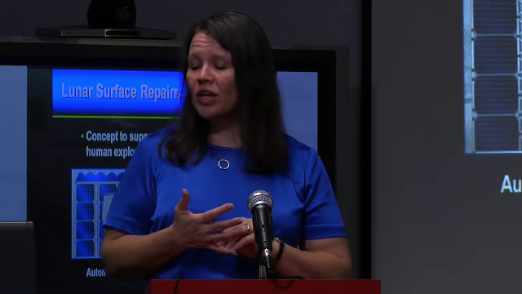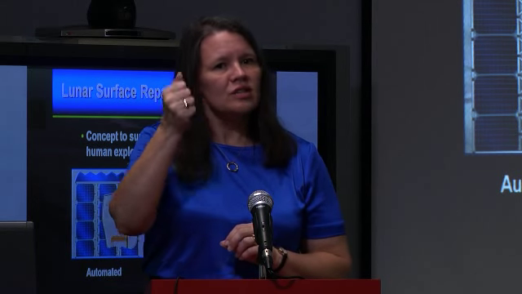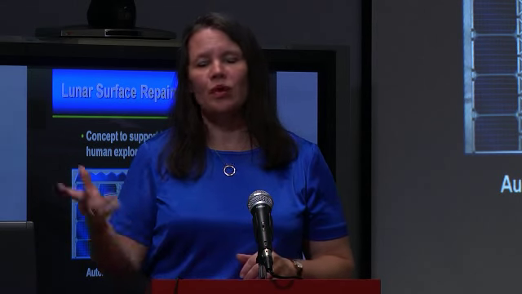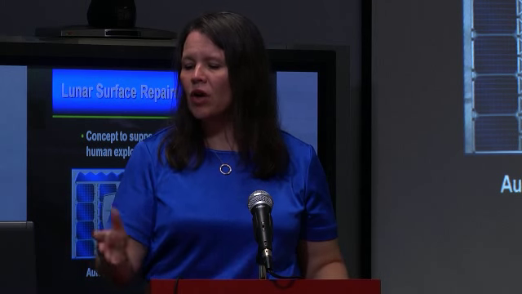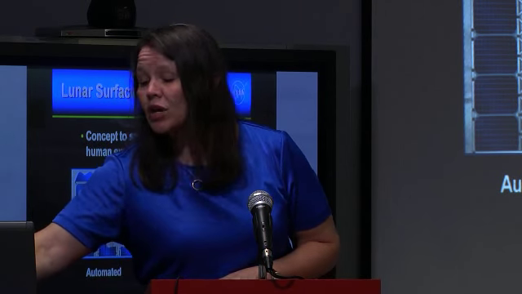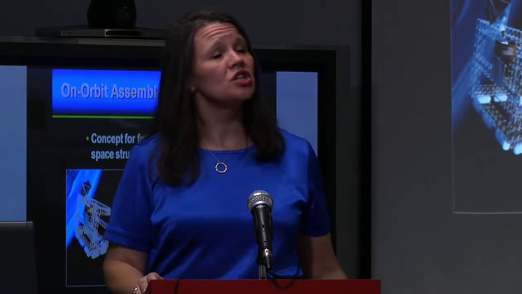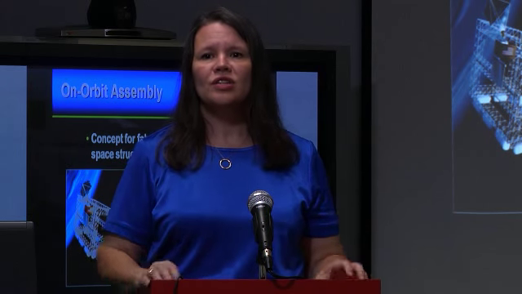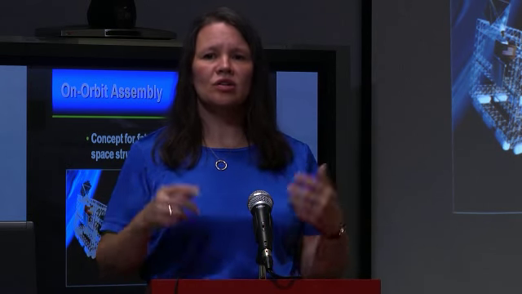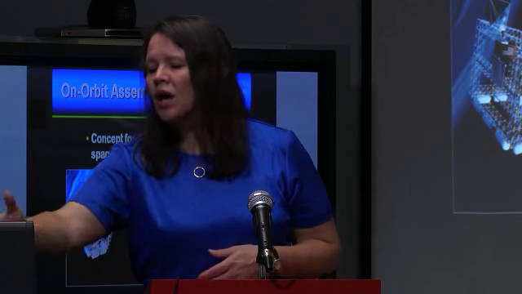We're looking at, can you build it handheld so that you can go in and use it like a hot glue gun, only it's structural metal, to be able to replace something that might fail, or be able to set it up as you've seen here where it's more automated. The nice thing about the automation is you can actually ship the files from the Earth, so you can run the thing completely remote. You could send the machine up, and as long as there's material for it to work with, you've got something that you can work with.